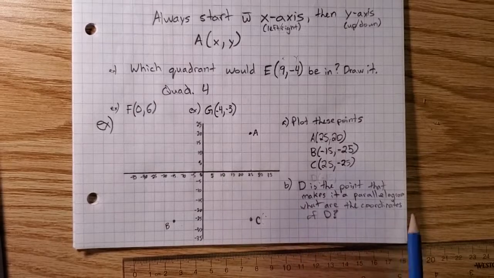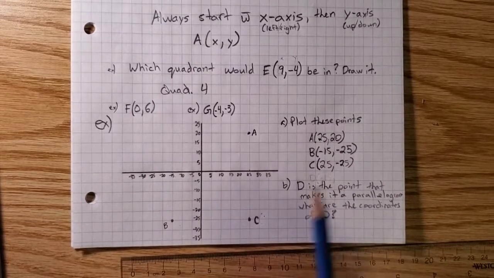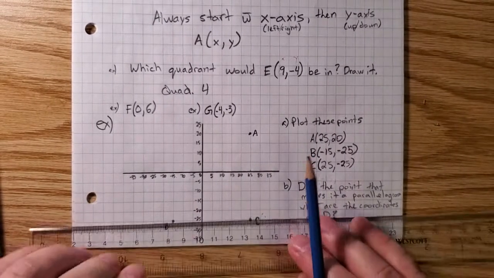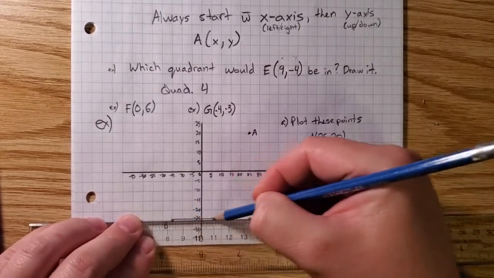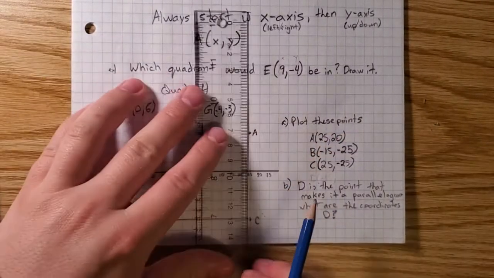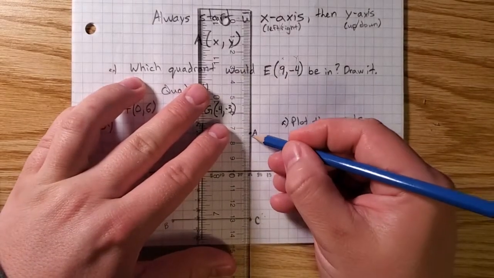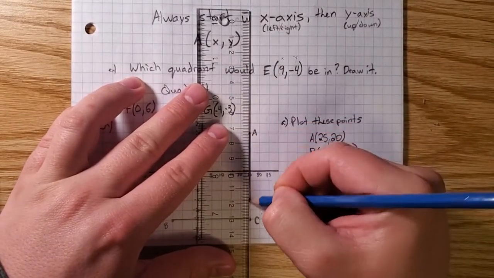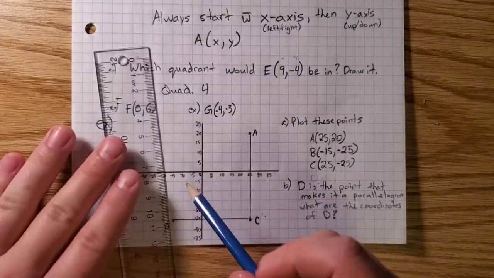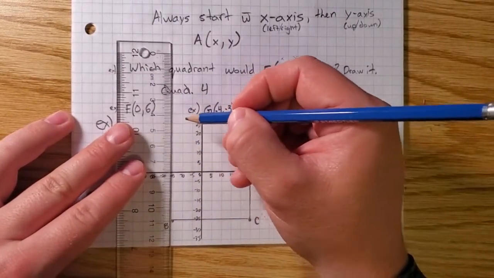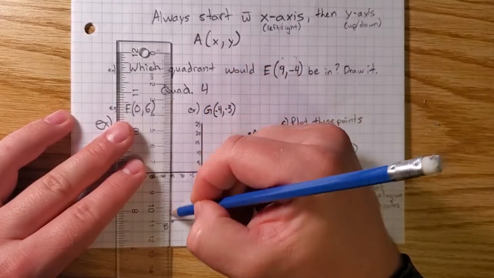Okay. Now it says that this makes a parallelogram. So looking at these, if we connect these, right? And we want to make these into a parallelogram. Well, that's going to need to go right here, right? Where would these cross, right?